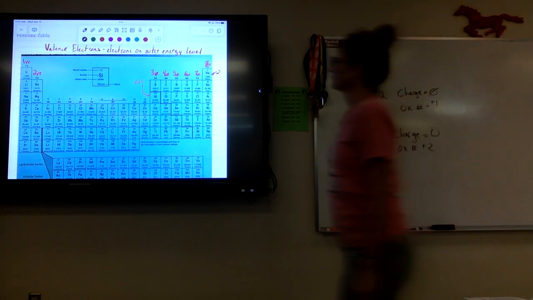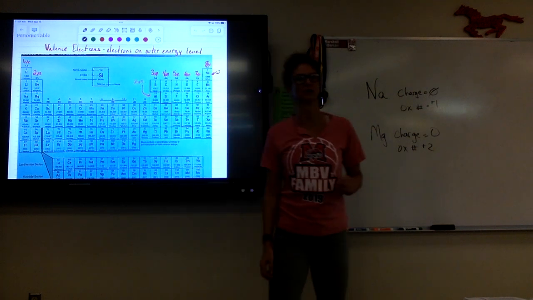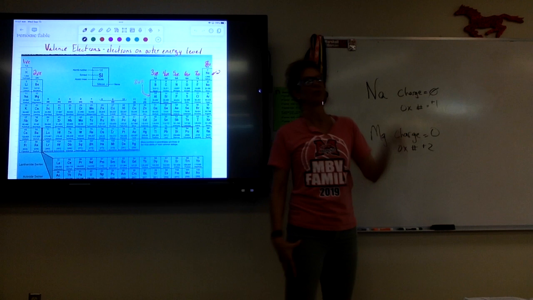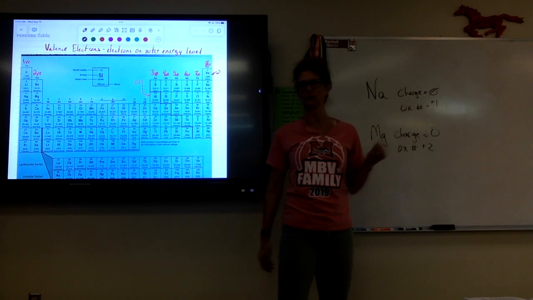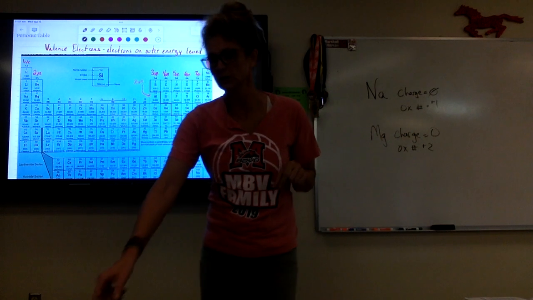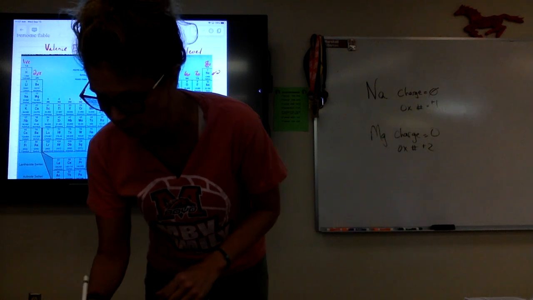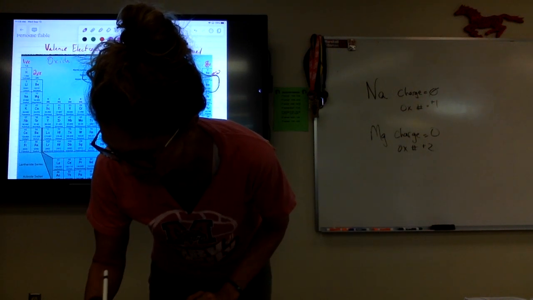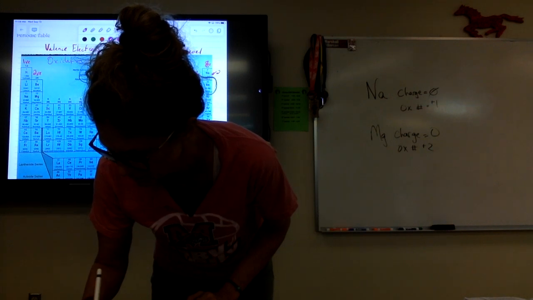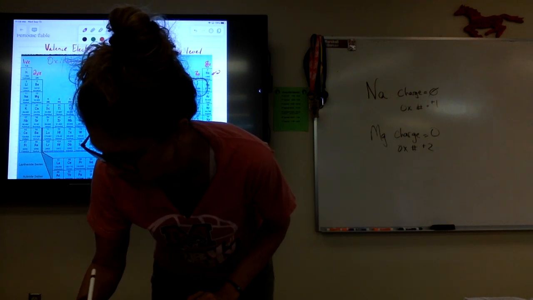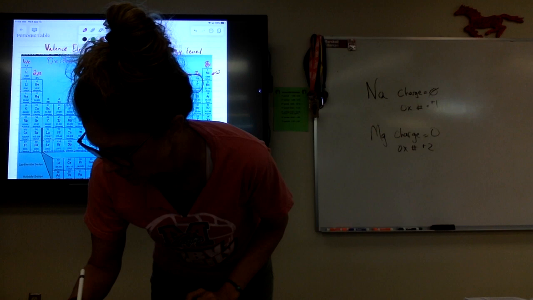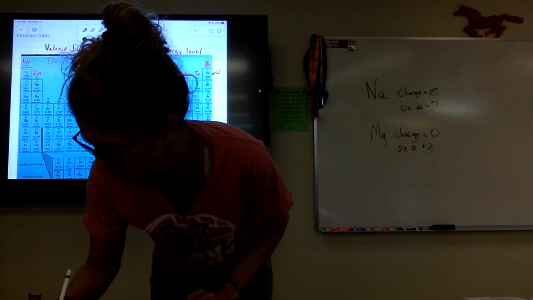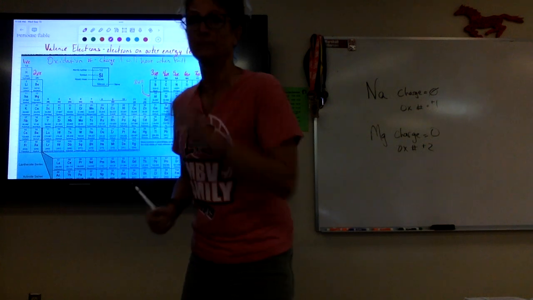All right. Now let's talk about oxidation numbers. Oxidation numbers, remember, are the charge they want to have when they're full. So oxidation number is going to be in purple. All right.